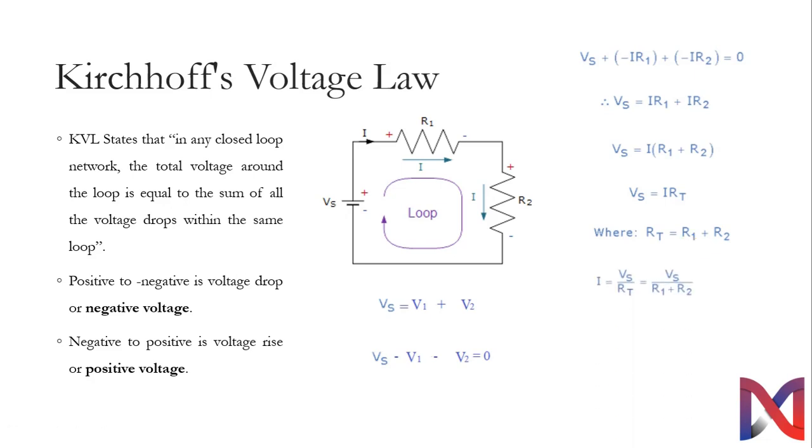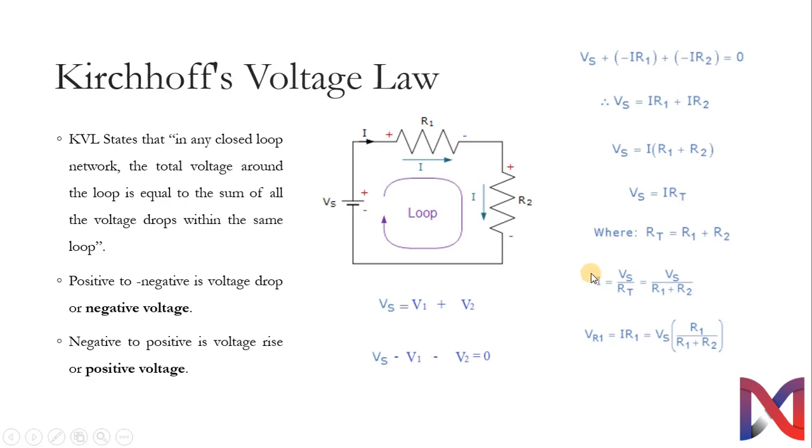I can be found out through Ohm's law, which is I is equal to Vs divided by RT, Vs divided by R1 plus R2 for this circuit. We can find voltage across R1 either through the direct formula, that is IR1.